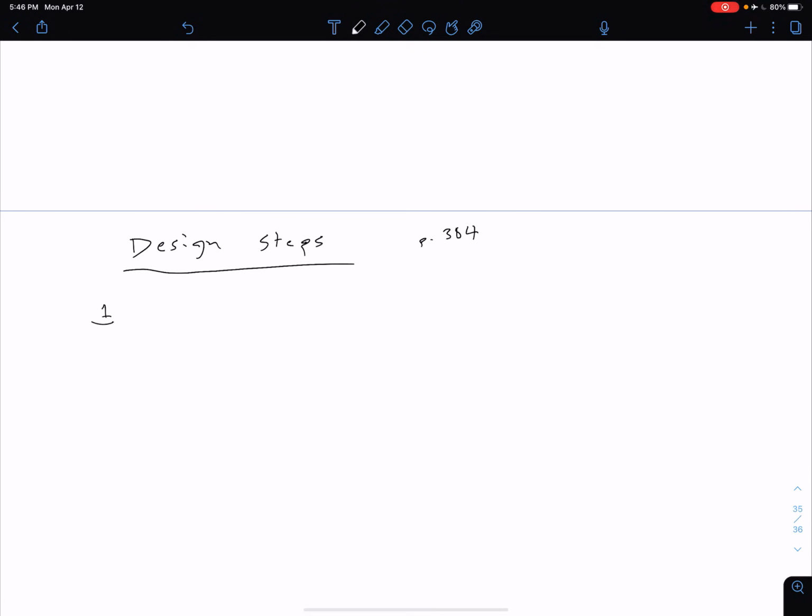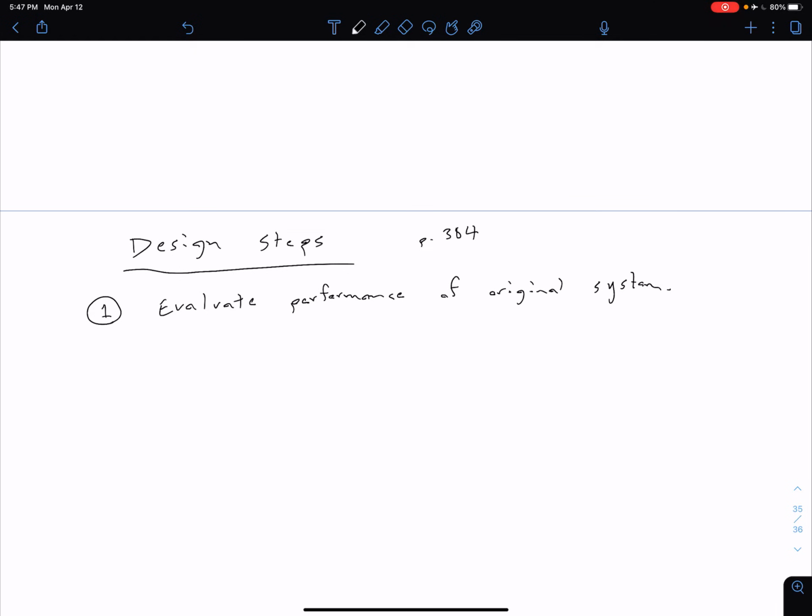Our first step is just going to be to evaluate the performance of our original uncompensated system. Of course we need this because this is going to help us get our desired pole location, particularly if we're talking about making some % reduction in steady state error or some transient response characteristics.